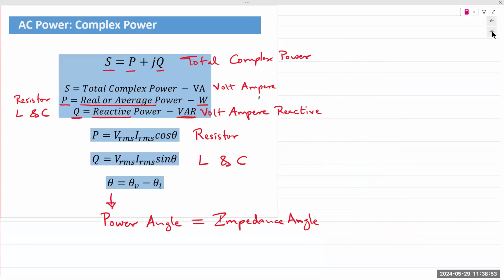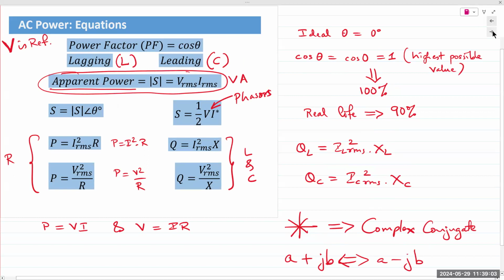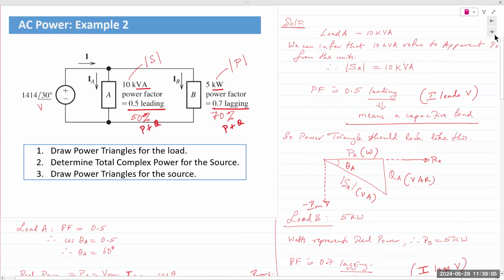That's total complex power, and then apparent power, magnitude of S, is the third side of the power triangle. So if it's 1, that means there's only real power and no reactive power in the system. For all other values of power factor, there is real and reactive power in the system.